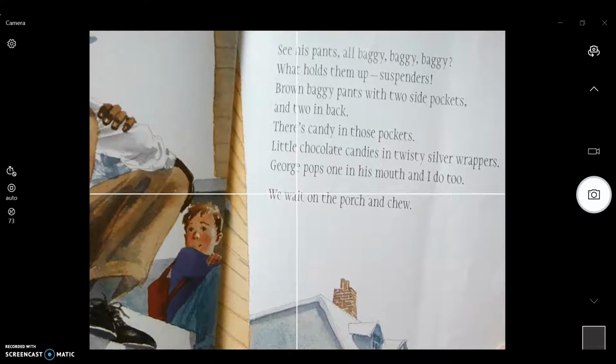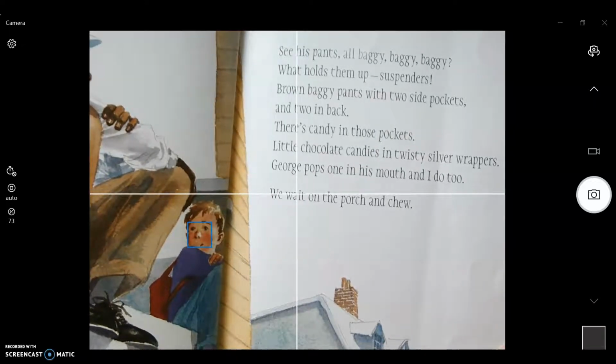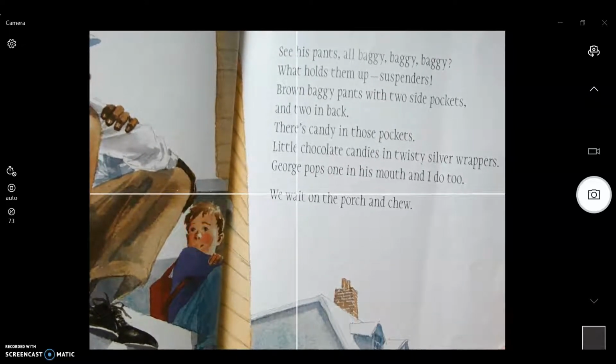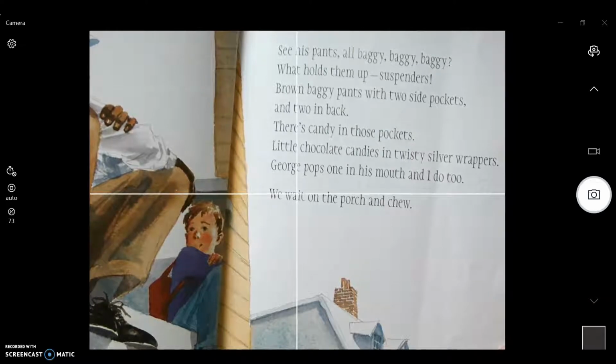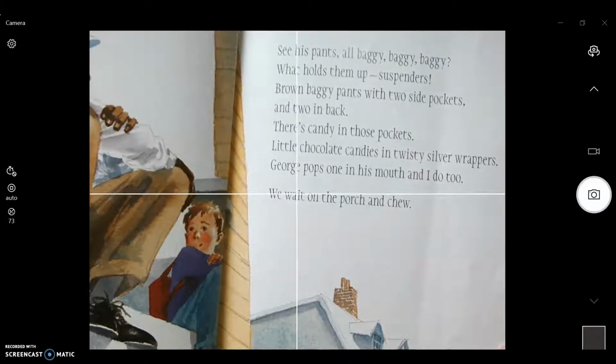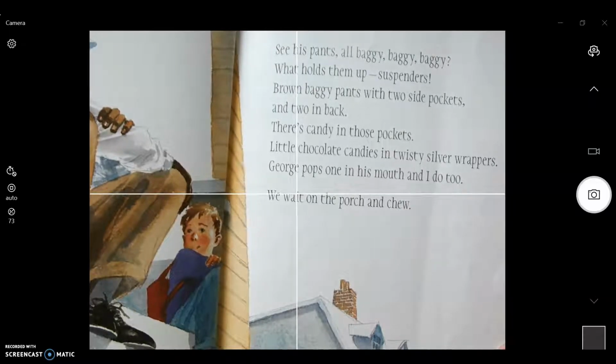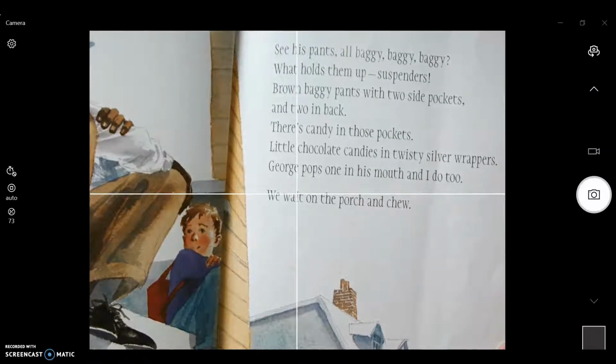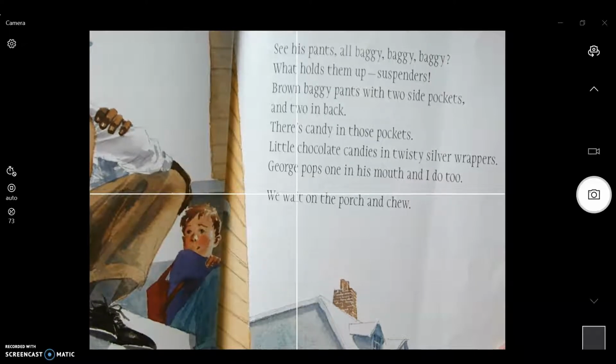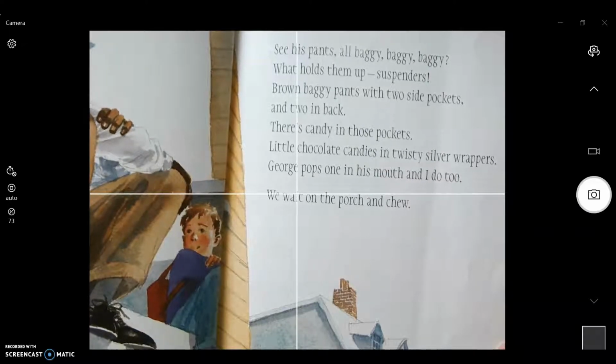See his pants, all baggity, baggy. What holds them up? Suspenders. Brown, baggy pants with 2 side pockets and 2 in the back. There's candy in those pockets, little chocolate candies in twisty silver wrappers. George pops one in his mouth, and I do too. We wait on the porch and chew.